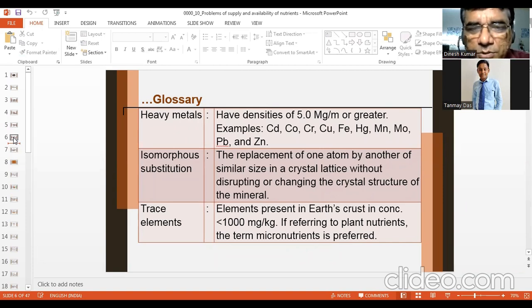Isomorphous substitution is the replacement of one atom by another of similar size in the crystal lattice without disrupting or changing the crystal structure or the mineral. There are some silicate minerals in the soil, and those minerals have interspaces in them. In those interspaces, sometimes certain ions enter and get fixed, like ammonium fixation.